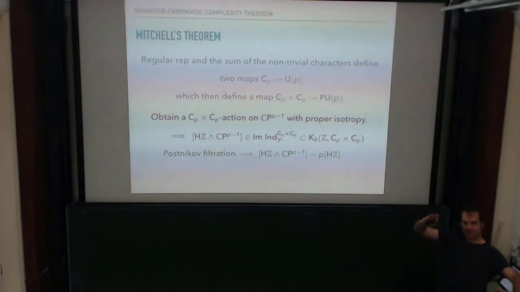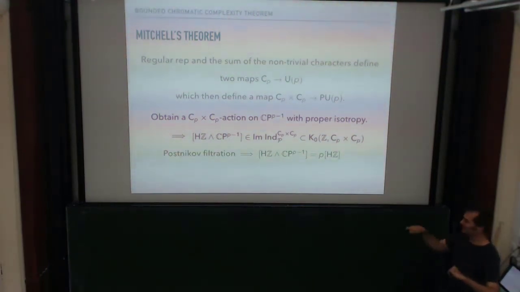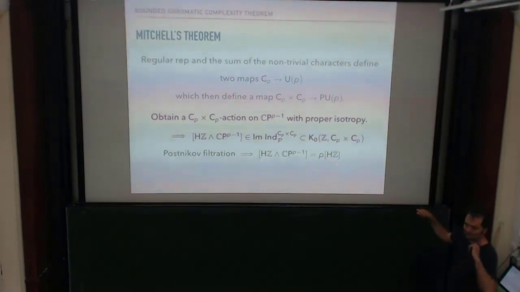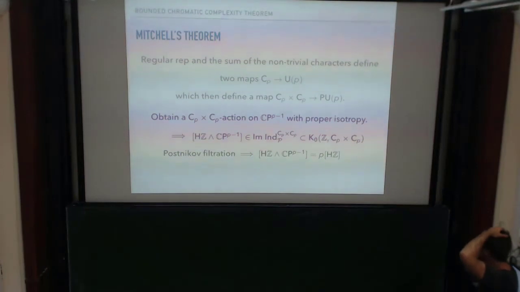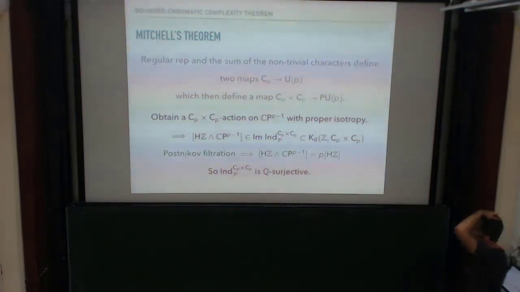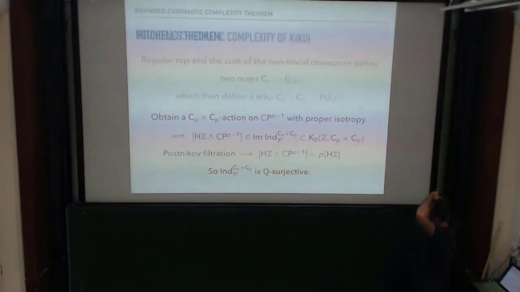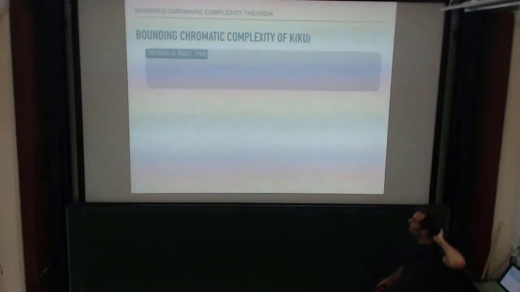So that Postnikov filtration, and a short dévissage type argument, tells you that in fact you're getting p copies of the unit. So this induction map is rationally surjective, and that proves Michel's theorem. So sorry about skipping through that.